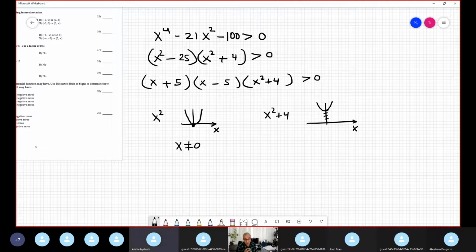Remember, the challenge is to be careful when you have a factor like that. Suppose x minus 2 squared. Well, this is a parabola also, but this parabola passes through 2 and touches the axis there.